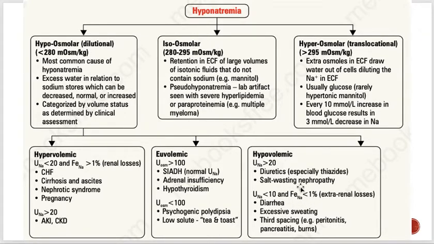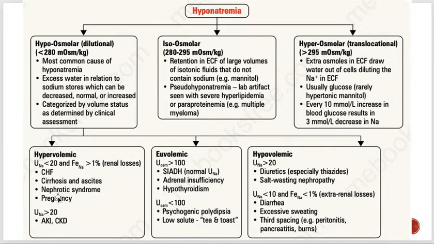In hypovolemia, their urine output will be decreased, as well as their body weight, because they have less body water. We check skin turgor, which will be reduced. We check the blood pressure, which will be reduced. We check the JVP, which will be decreased, and we check the capillary refill time, which will be increased.